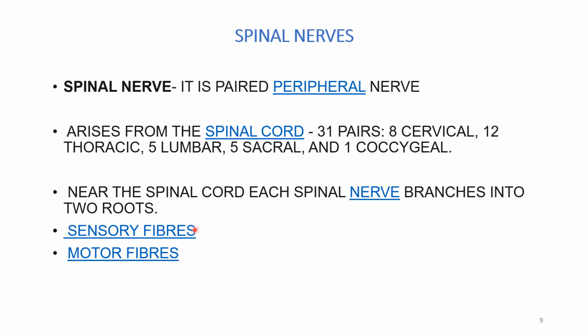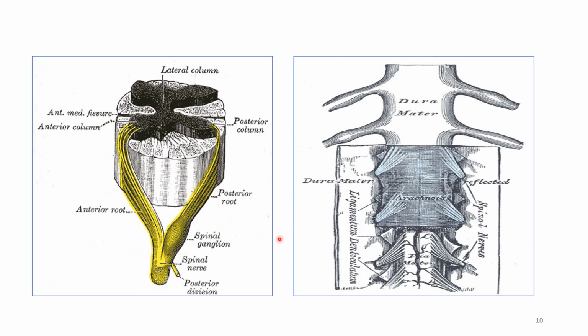The spinal nerve is a mixed nerve, carrying sensory and motor fibers. This is the posterior root, which carries sensory information, and this is the anterior root, which carries the motor information. And this is the spinal nerve, which is a mixed nerve.